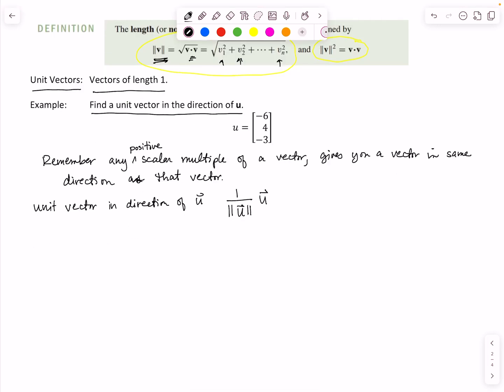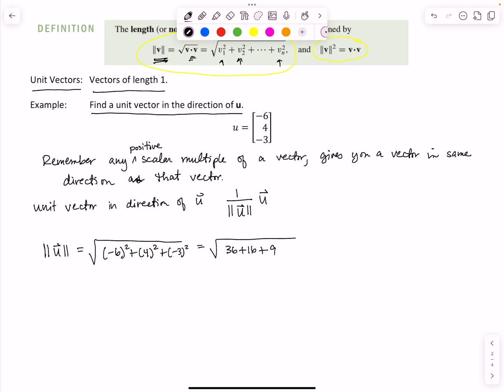So let me just show you by example. For this example, the length of u is the square root of all the entries squared, so minus 6 squared plus 4 squared plus minus 3 squared. This is the square root of 36 plus 16 plus 9, which gives me the square root of 61.